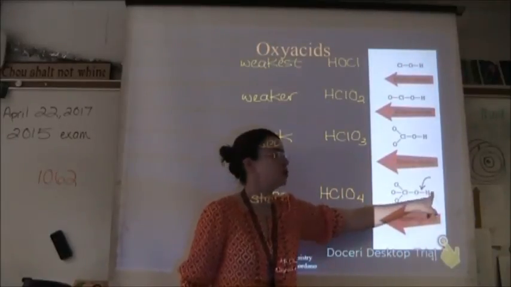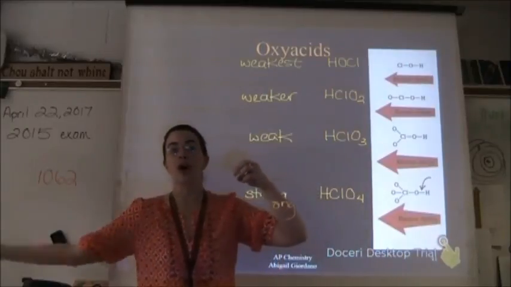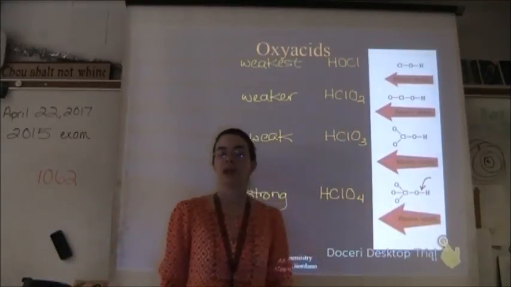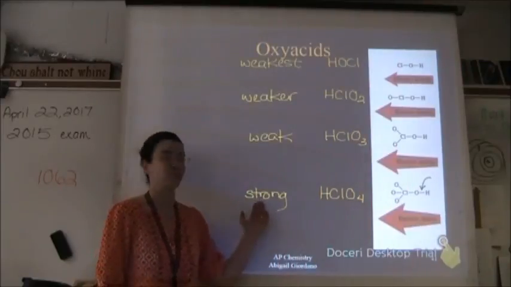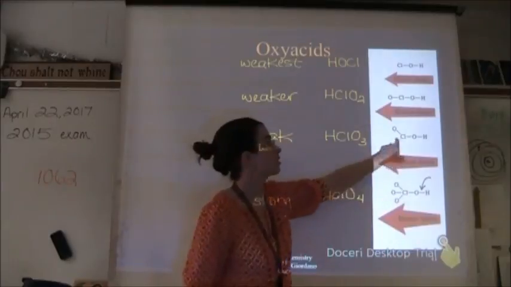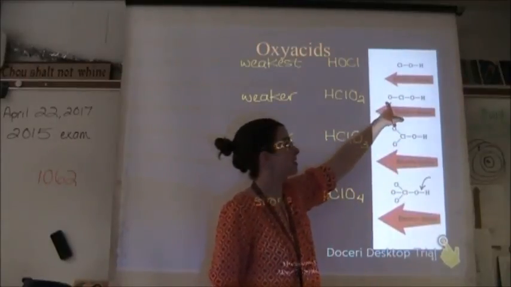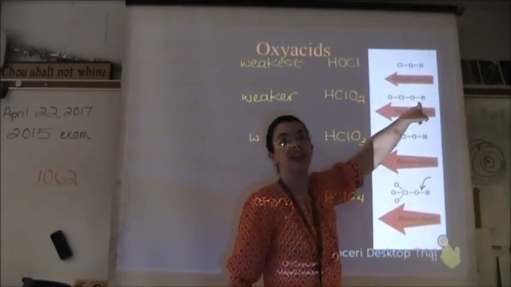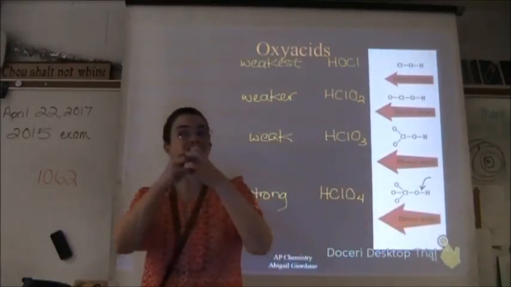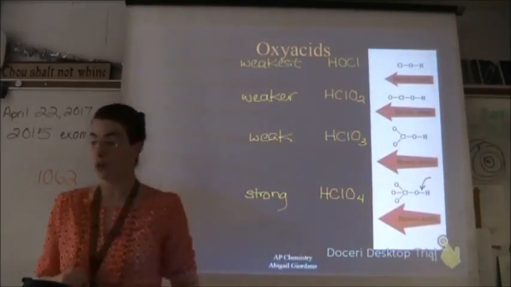If that hydrogen can very easily be torn off, what kind of an acid must this be? Got it. As your oxygen count gets less and less, that bond is getting stronger and stronger, and if that bond is very strong, it's not going to detach easily. That's going to make it a weak acid.